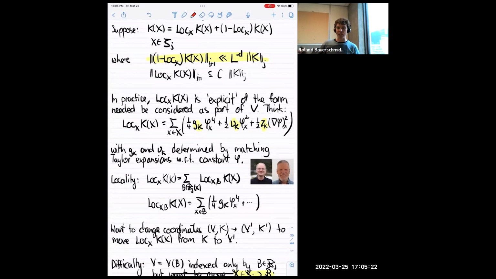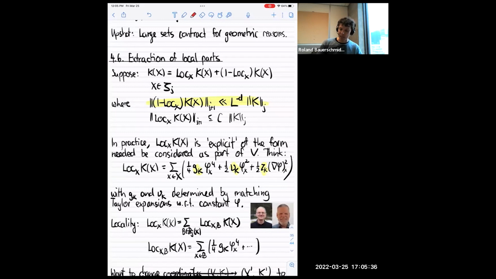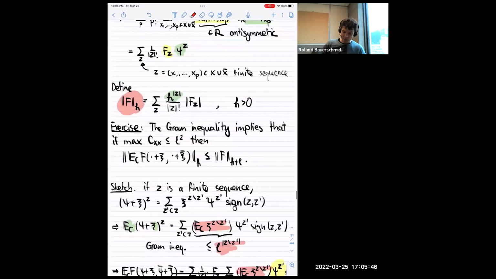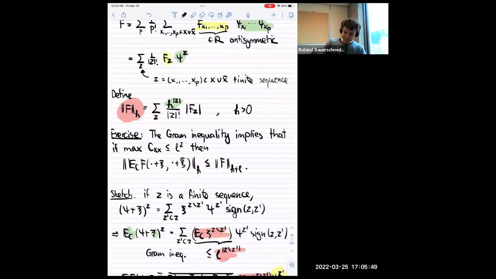Because the norm is analytic, you can get a very good estimate on this Taylor remainder. So these factors L to the minus D. Maybe that's a part I haven't explained. Why do we get a factor L to the minus D here in the Taylor remainder? That comes from the fact that these norms have a parameter h in here. This parameter h will be chosen, roughly speaking, as L to the minus (D minus 2) over 2 times j.